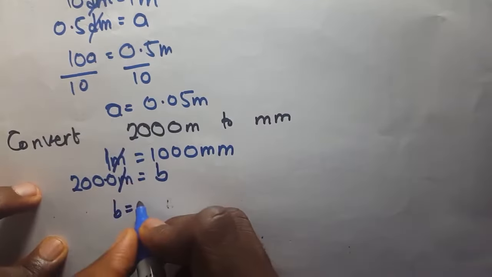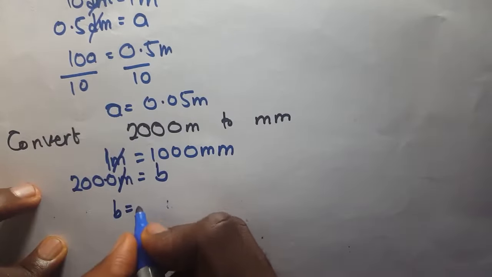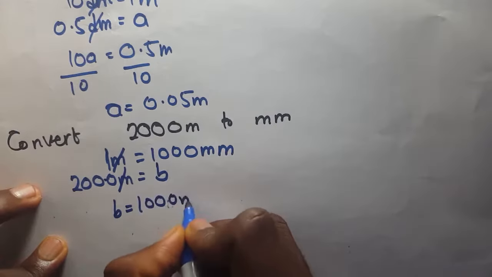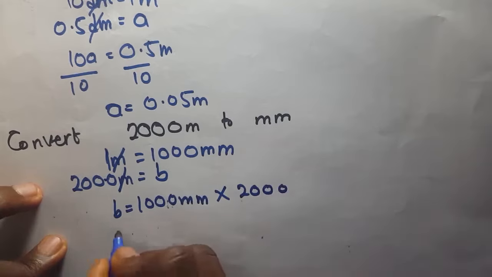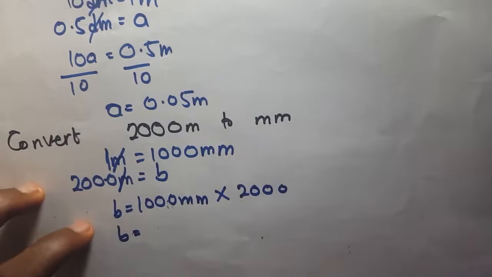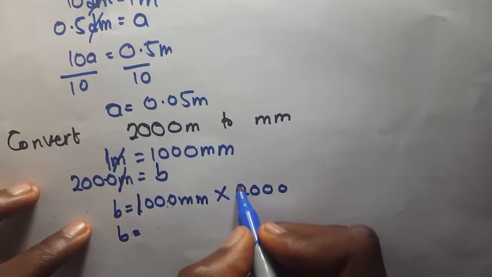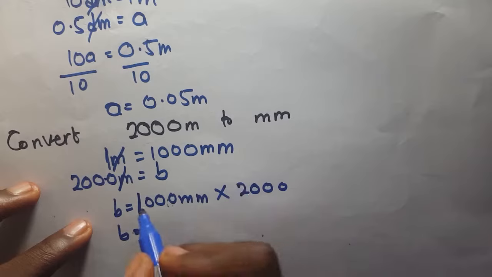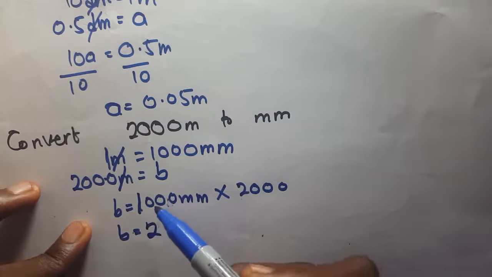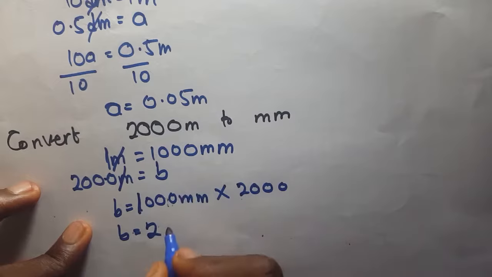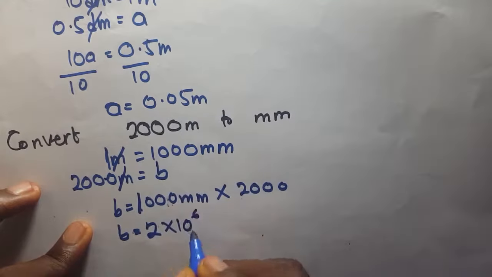You have B equals 1000 millimeters times 2000. When you're multiplying and there are a lot of zeros, multiply the numbers and leave the zeros. 2 by 1 is 2. Afterwards you count the number of zeros, 1 2 3 4 5 6, so 2 times 10 exponent 6 millimeters.